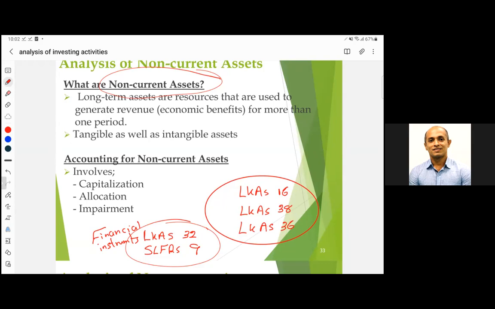Then in the next lecture, once we complete analysis of receivables and non-current assets, you can apply those learning points to your selected company. Then try to do some accounting analysis before you move on to the ratios and other analysis.